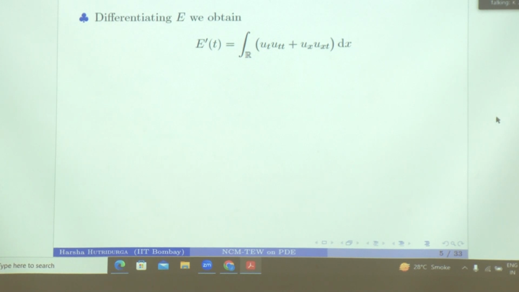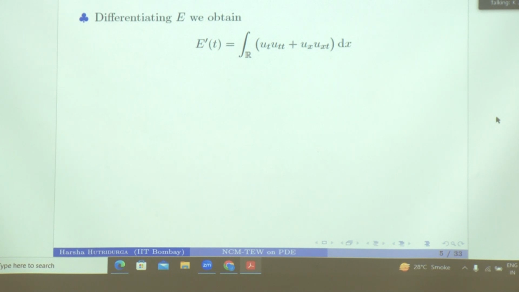When you do the integration by parts with these choices of f and g, one of the derivatives here will go there. So you get minus uxx ut over R. And in essence, you should also get boundary terms. But you are on the entire real line.